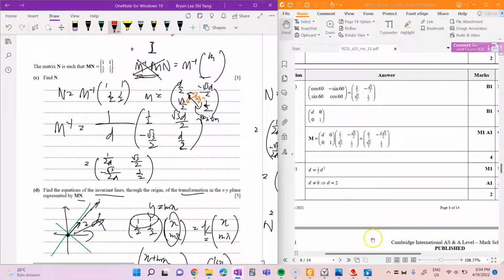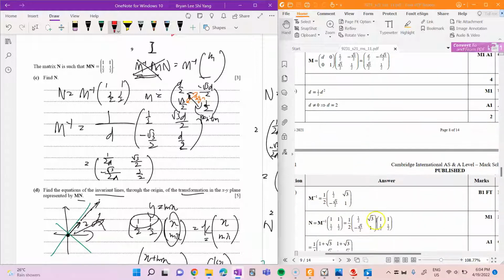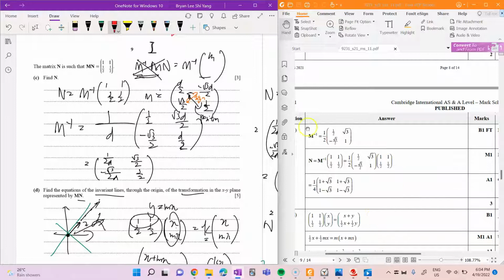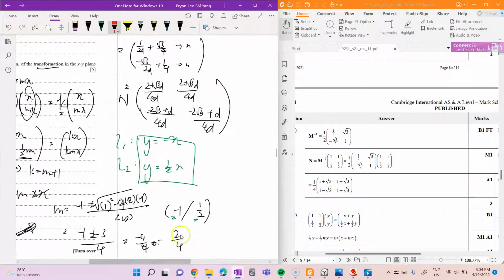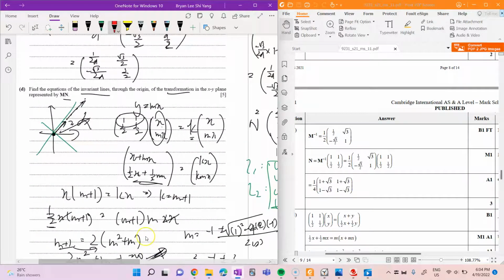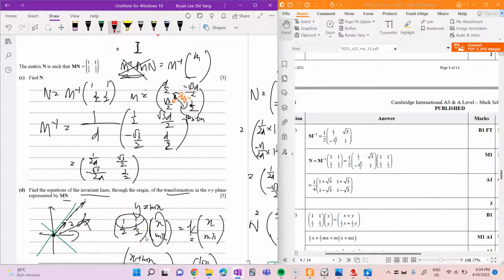Now MN equals to 1. Okay, so for this one, M is equal to 1 over 2. Wait, okay, wait, so the inverse of M, yeah, this is correct, but I forgot to substitute d equals to 2 over here, so I cannot get this statement mark, so I have to -1 mark over here.